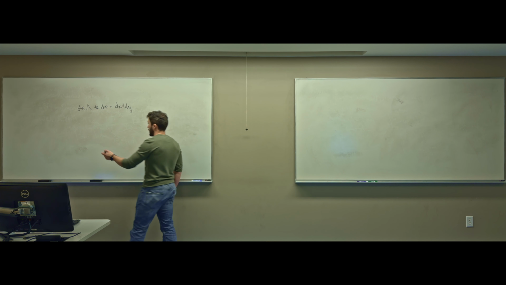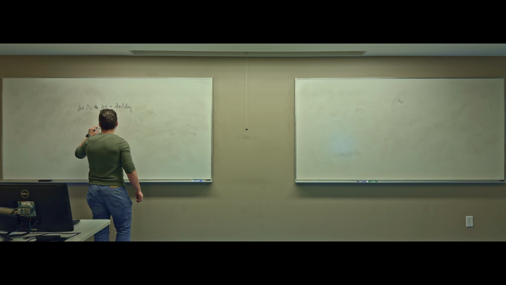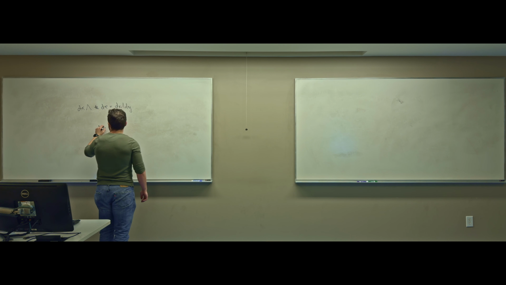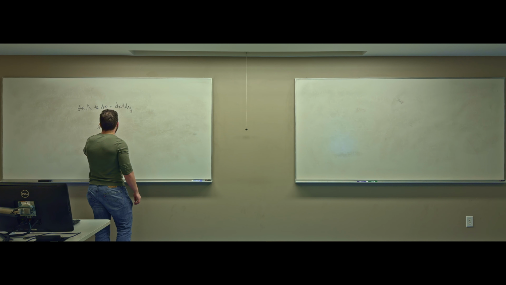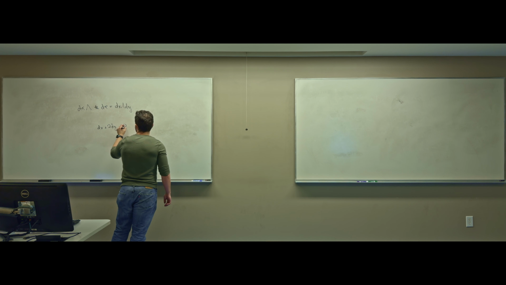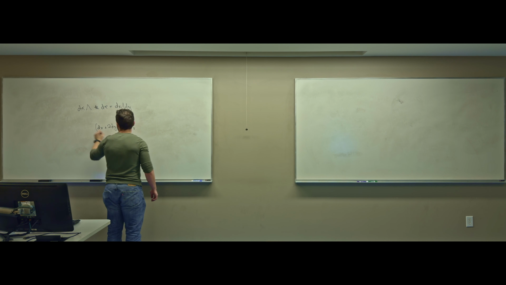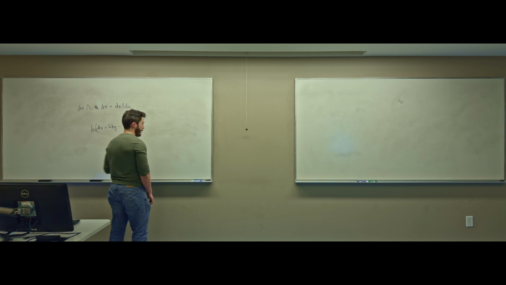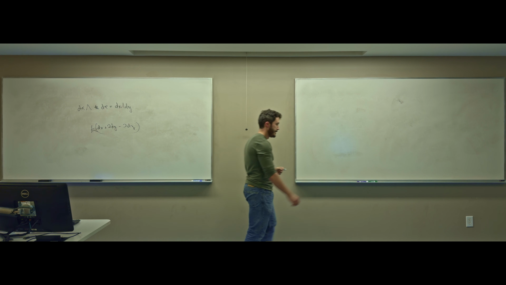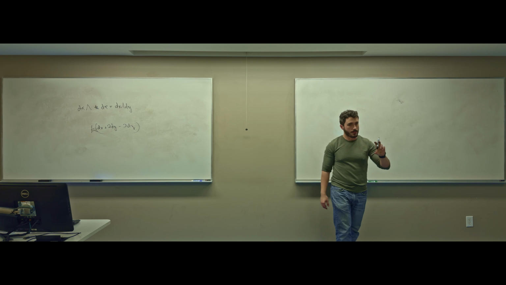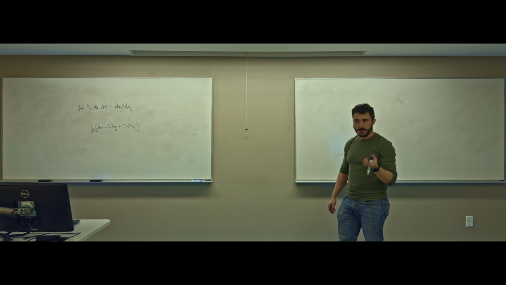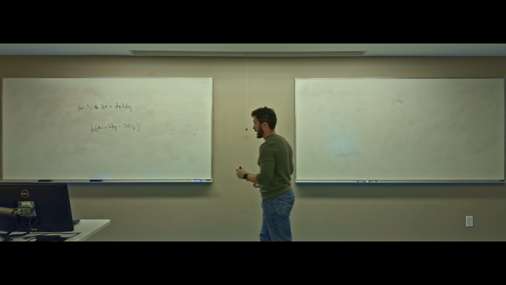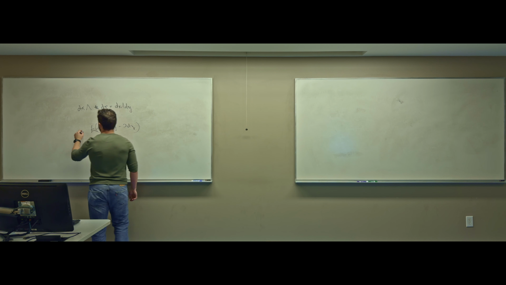What if I had, in R3, the star of dx plus 2 dy minus 3 dz? What would this be? Remember, I want to wedge it with the preimage of the Hodge star and get the volume form, which is dx wedge dy wedge dz.